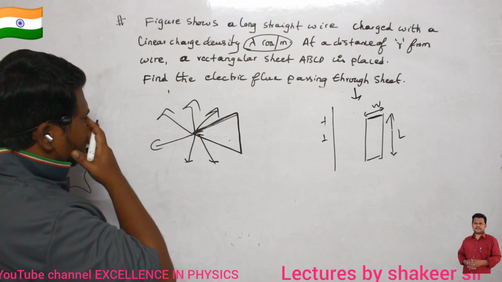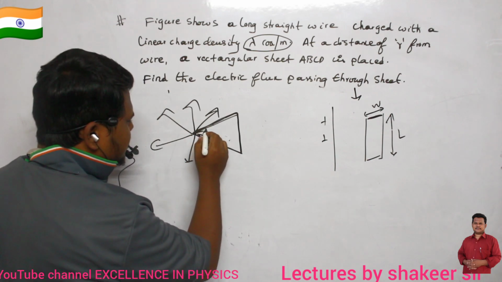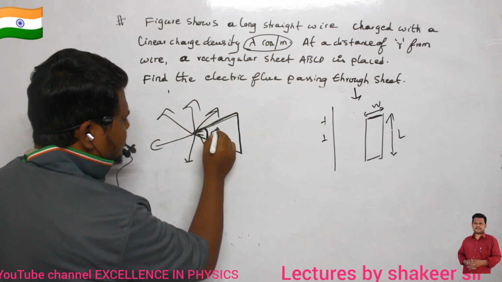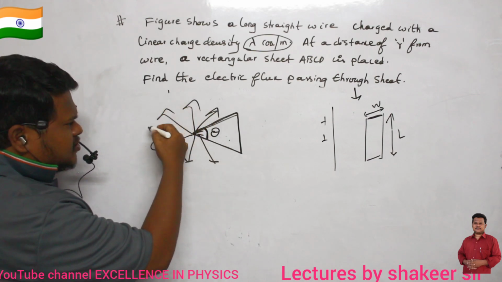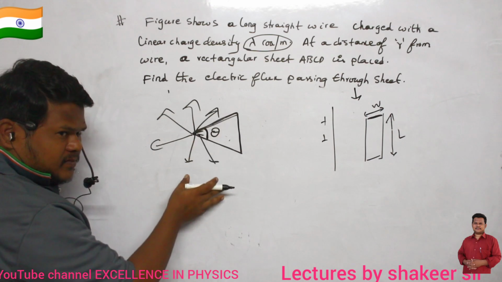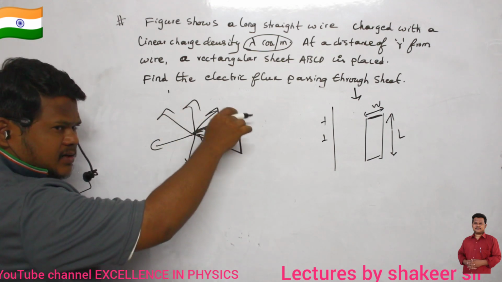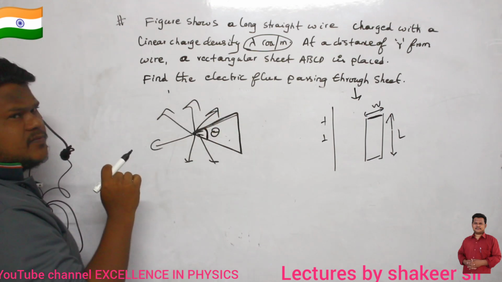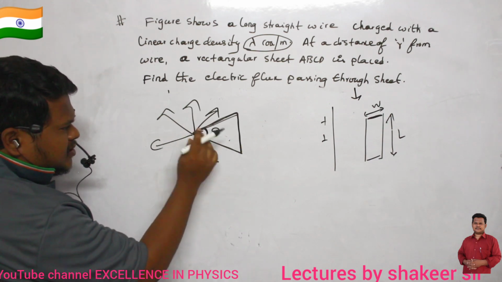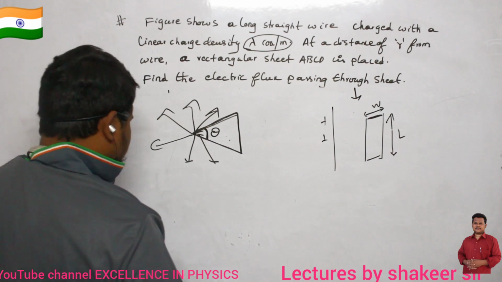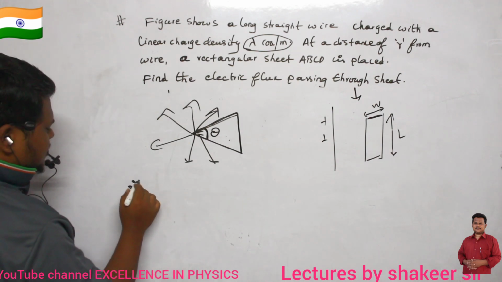So how can I calculate this? Let us consider this total angle to be theta. Flux lines are produced in a total angle of 360 degrees. Out of this total 360, only this much value of theta I am receiving. So can I write like this?